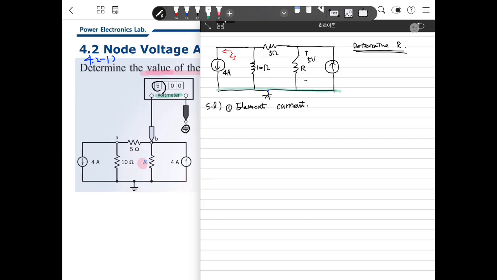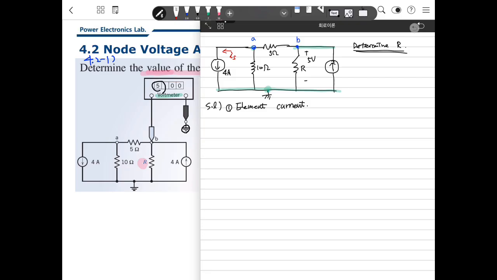This is one node, this is a node, and this is also one node. So there are 3 nodes here, but one is the ground node. We call this a reference node. Then the remaining nodes are here and here. I decide the names of those are A and B.